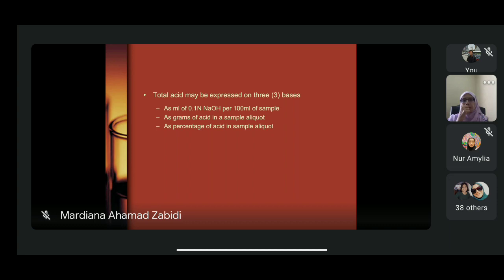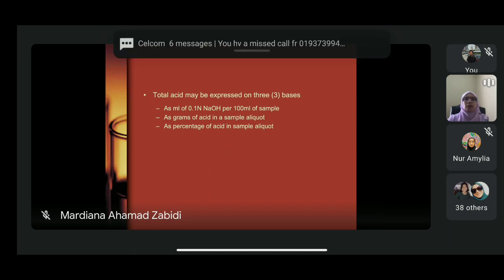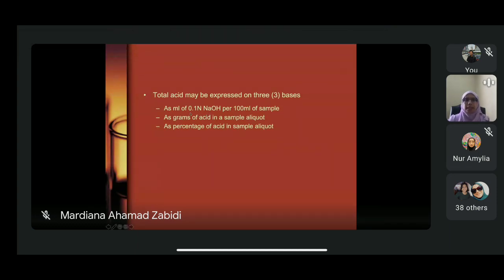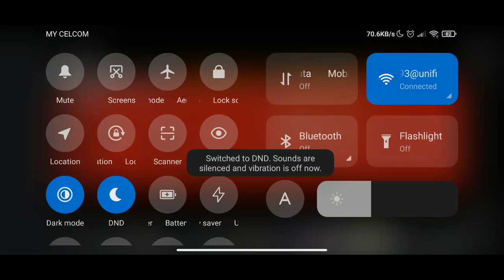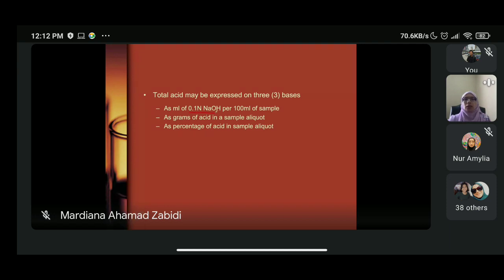Okay, so the first one, I just a matter of refreshing for your previous lecture. The first one is milliliter of 0.1 normal NaOH. This is the concentration of sodium hydroxide that is normally used to neutralize the acidity, for per 100 ml of sample.